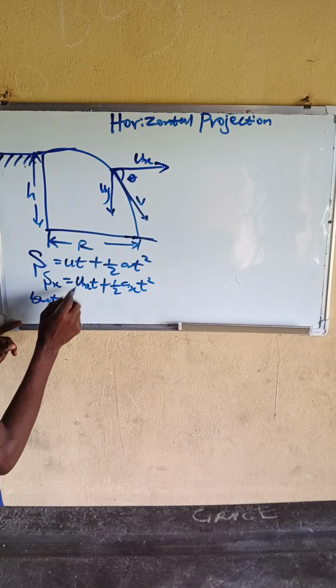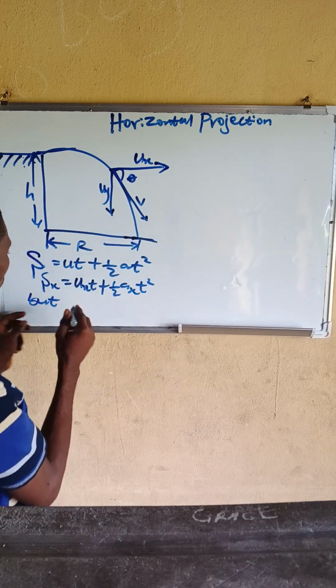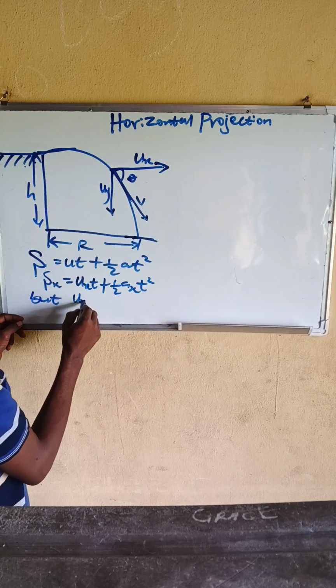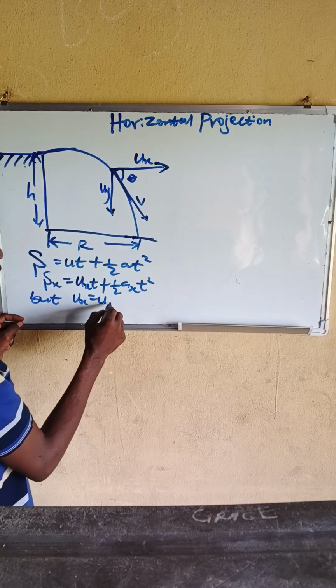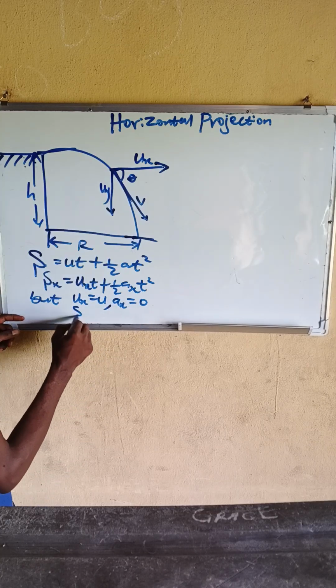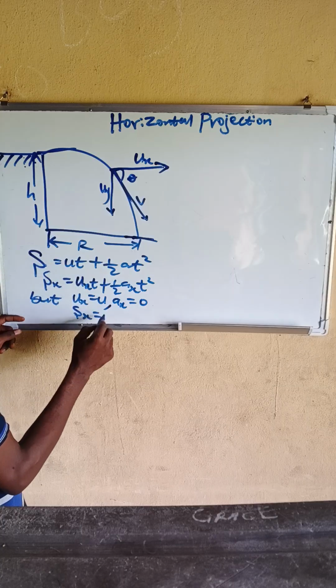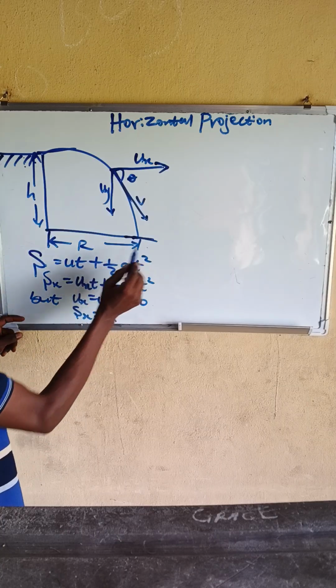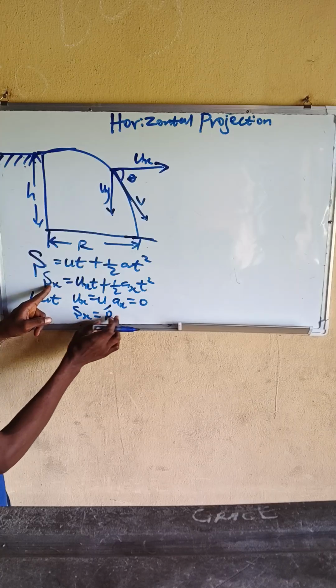But in this type of motion, ux is equal to u and ax is equal to 0. So we say this is equal to r, that's from here to here. Wherever we see this, we substitute.